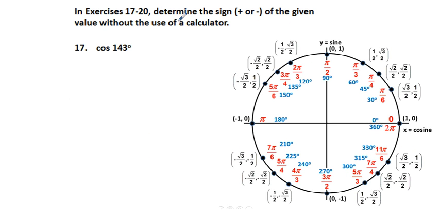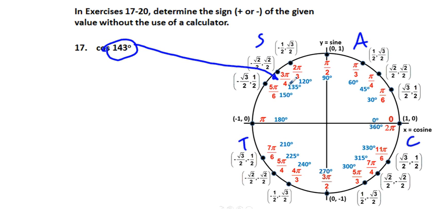Okay, we'll go on to problem number 17. In exercises 17 through 20, determine the sign, plus or minus, of the given value without the use of a calculator. Well, it's the same thing. We have all students take calculus, and 143 degrees resides here, somewhere between 135 and 150 degrees. And so the cosine is going to be negative.